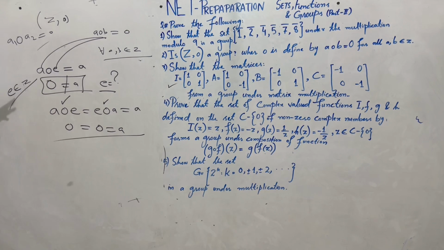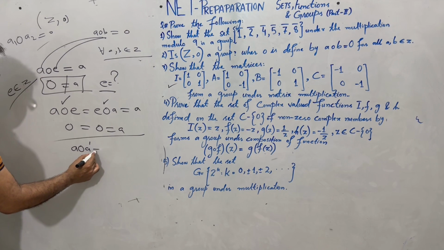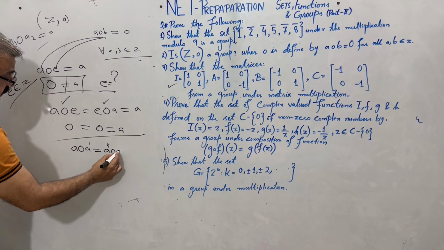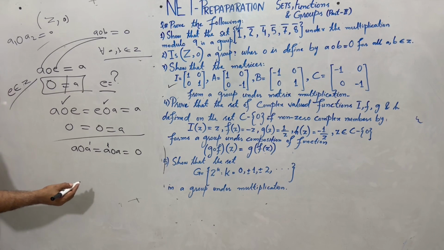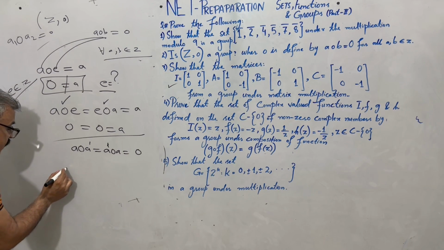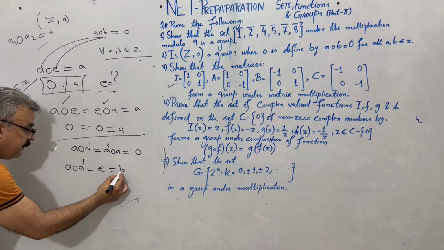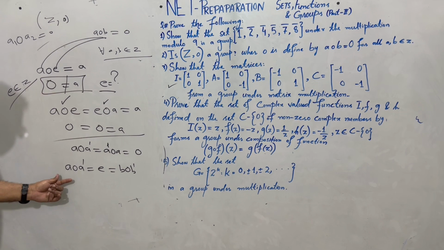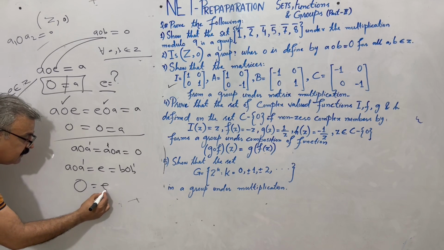What about inverse? Inverse is unique. a star a dash is equal to a dash operated with a, and they all result in zero. We are not in a position to find inverse. Taking two different elements, if the inverse of a is a dash and the inverse of a dash is a, and we operate them, it is equal to 0.